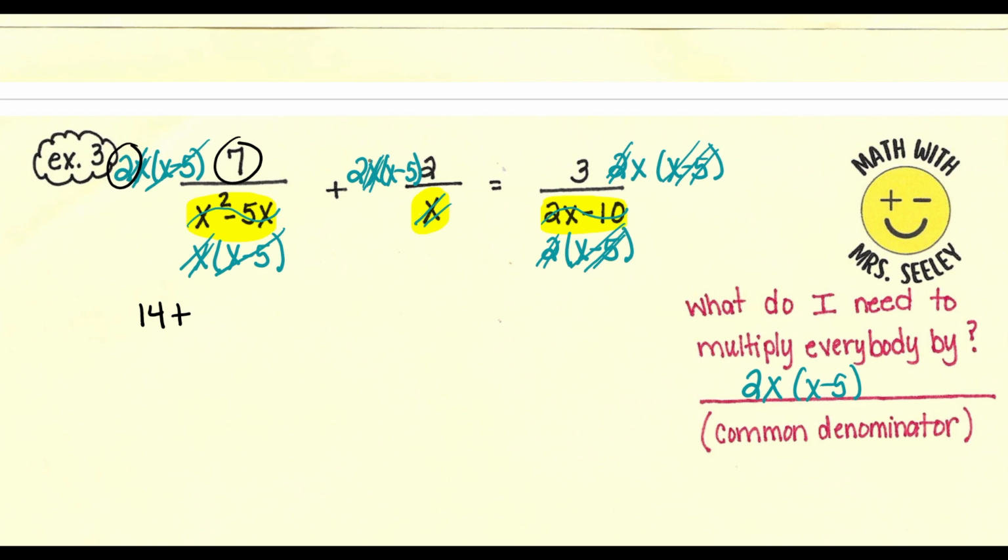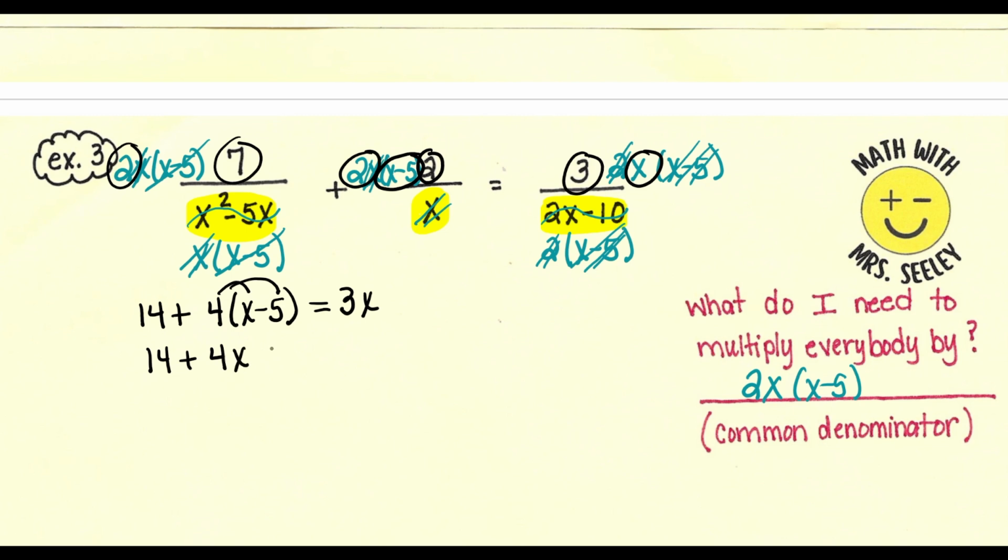Plus, here I have 2 times an x minus 5. So that's 4 times x minus 5 equals, and here I just have 3x. Then we're going to solve. So distribute your 4 through the parentheses and get 4x minus 20 equals 3x.